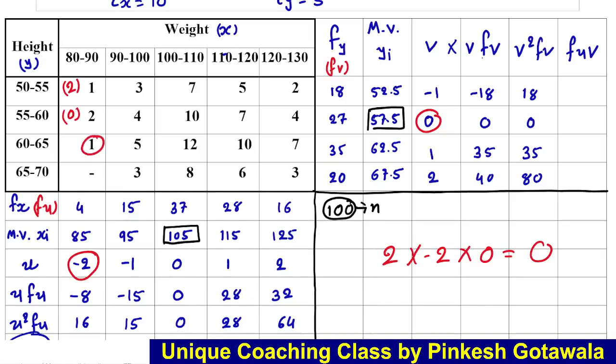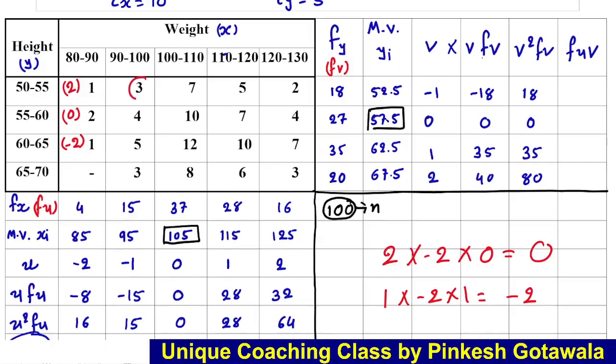Now here 1 is given. Its v is 1 and u is -2. So 1 into -2 into 1, you will get -2. Here dash is given, so you have to do nothing for this dash. It stays as it is.